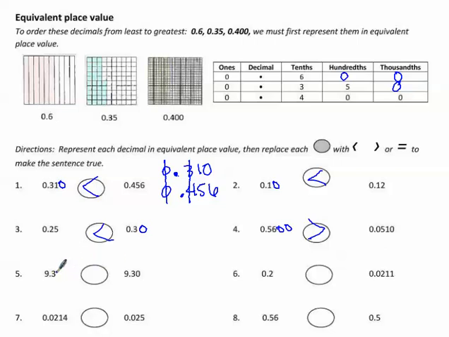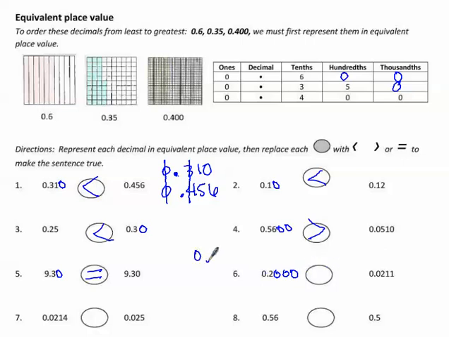If we continue to do this, 9 and 30 hundredths compared to 9 and 30 hundredths is equivalent. This decimal has 4 place values, so we need to put 3 more decimals here.